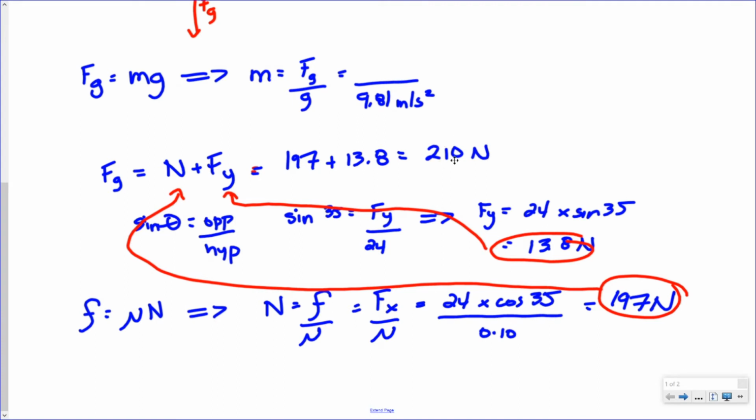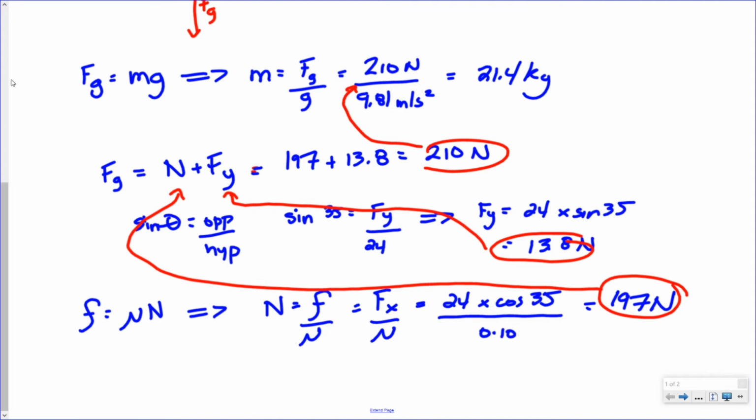I've just rounded here. So 210 newtons. Why do we need Fg? Well, again, we're going to take that and substitute it into here. So we have 210 newtons divided by 9.81 meters per second squared gives me 21.4 kilograms is the mass.